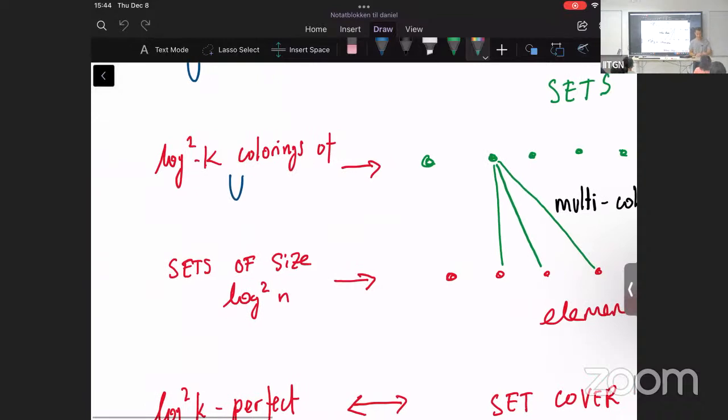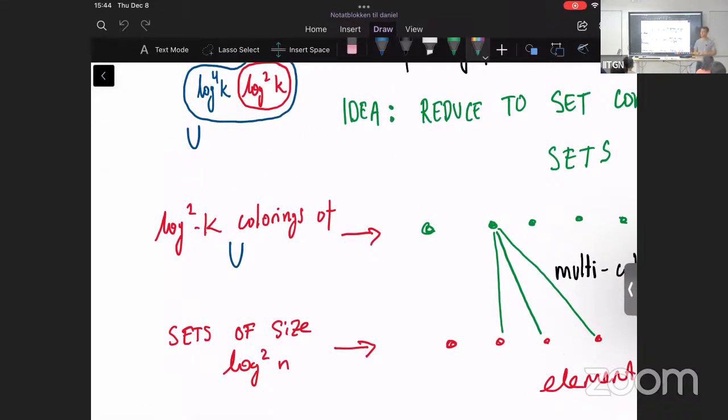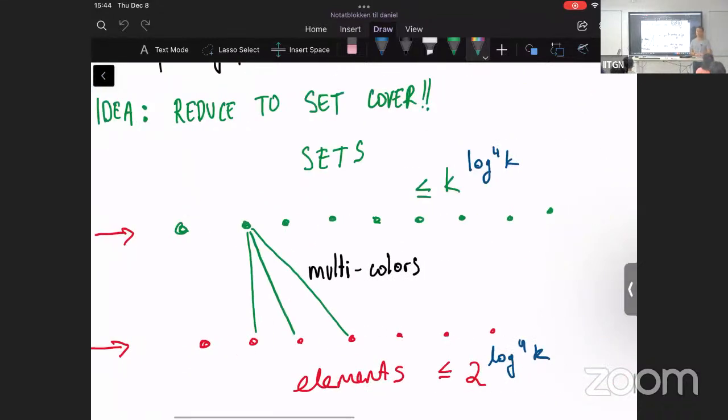For every coloring of the universe with log square k colors, I'm going to have a set. How many sets do I have? Well, not more than log square k to the power log 4th k. But again, I'm going to be lazy: not more than k to the log 4th k many colorings.